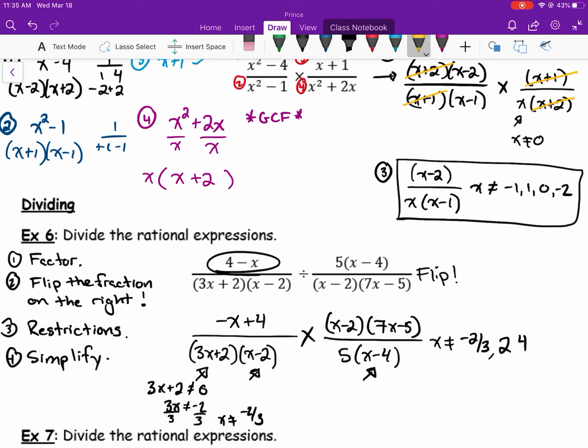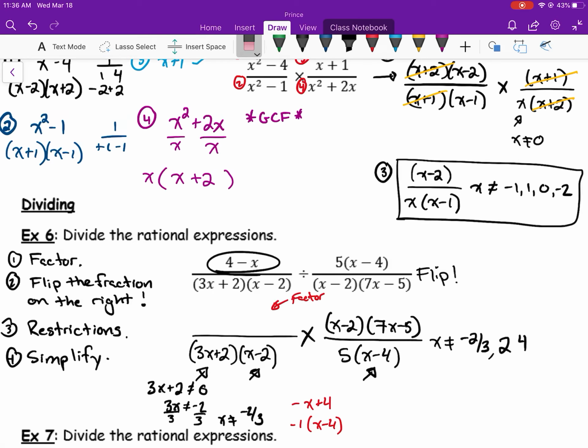Time for the simplifying. Actually, hold on. I can factor that. Okay. All you do is pull out the negative. So -x + 4. Factor out a -1, you get x - 4. Okay.